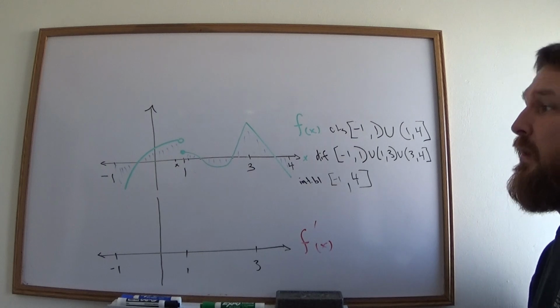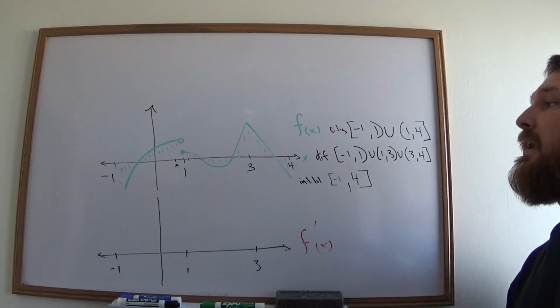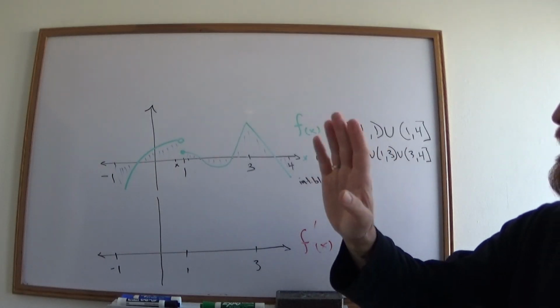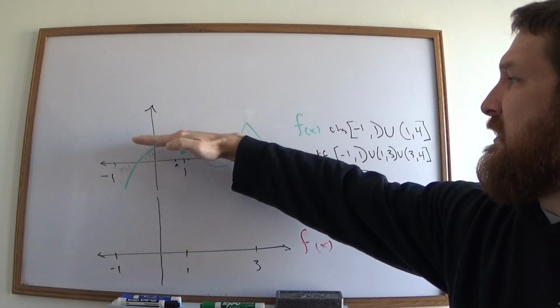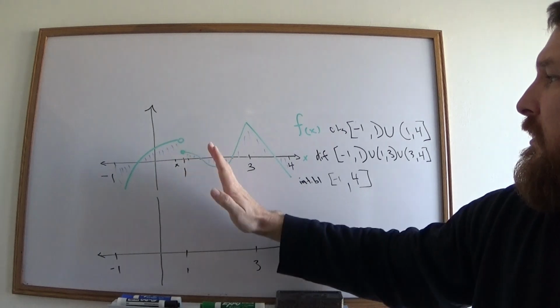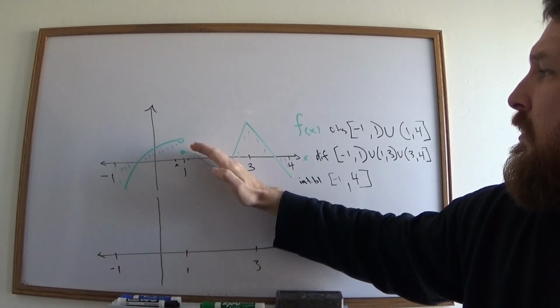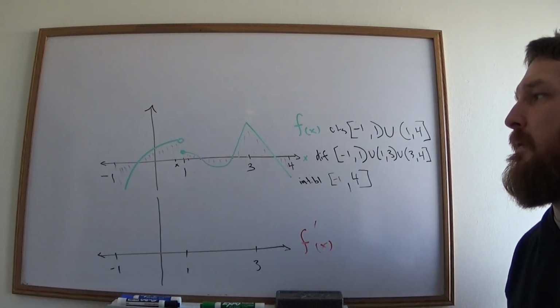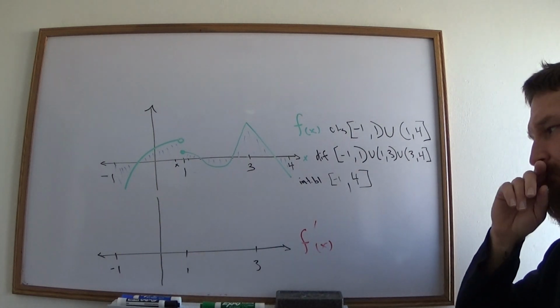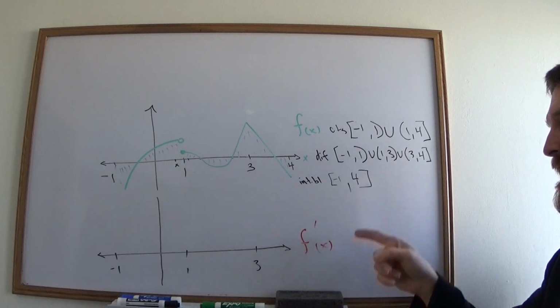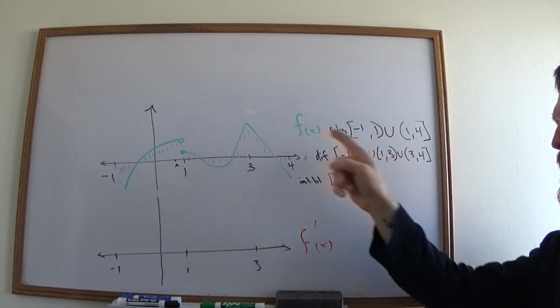So let's draw a qualitatively accurate one of these, and let's just agree right now that this thing looks like it's going to 0 right here. Yeah. Looks like it's going to 0 both ways there. Okay, so its derivative. Now, it's not differentiable there.